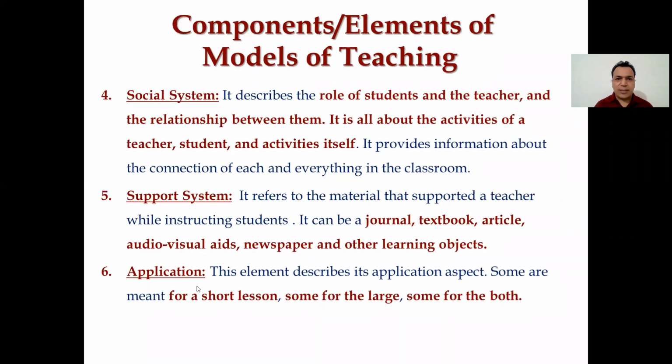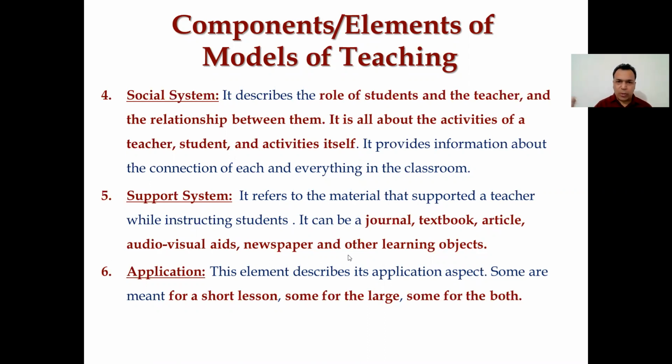Number 4 is the social system. The social system element of a model of teaching describes the role of a student and the teacher and the relationship between them. It is all about the activities of a teacher, student, and the activities themselves. It provides information about the connections of each and everything in the class, right? Number 5 is support system.